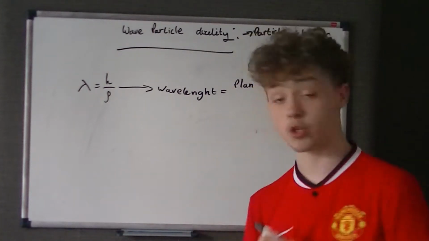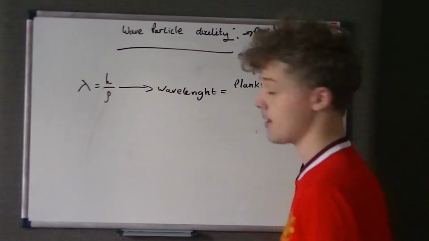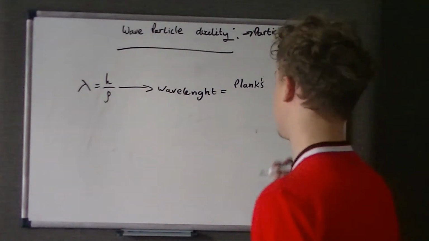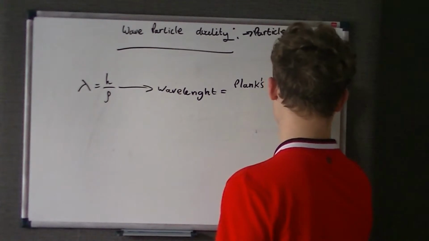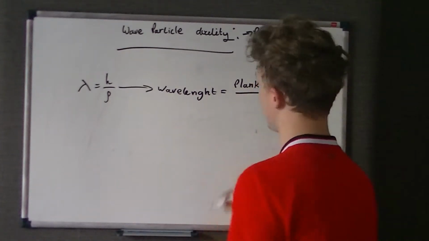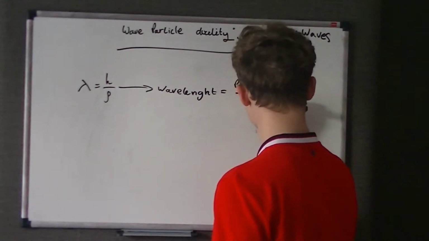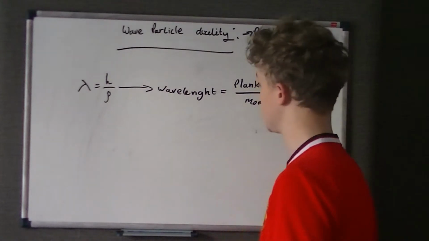which we should know from photons, which I haven't put up on YouTube yet, but we'll get round to it soon enough. So Planck's constant over p, the momentum, which you should know from GCSE studies.